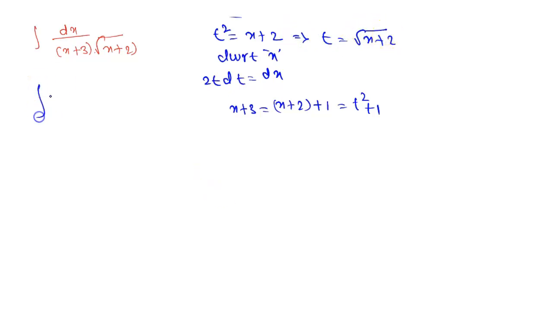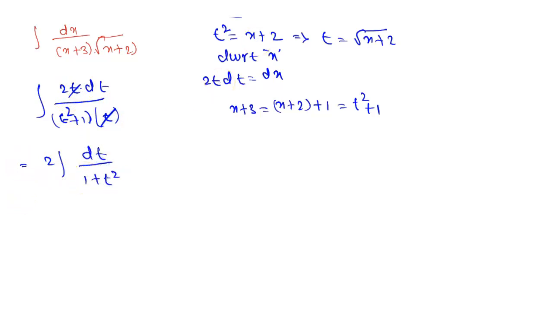So here I am replacing everything. The dx function is replaced with 2t dt, x plus 3 is replaced with t square plus 1, and root over (x plus 2) is replaced with t. Here I can cancel this function and this function, and it is equal to 2 integral dt by (1 plus t square).